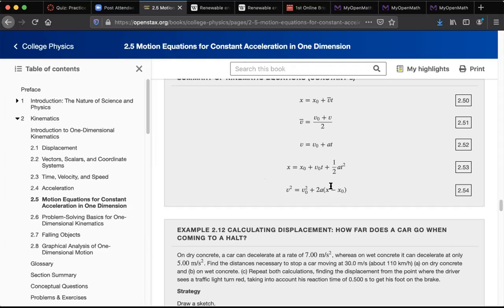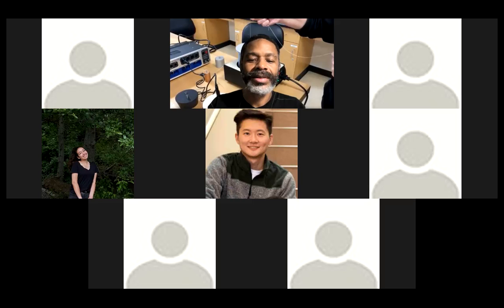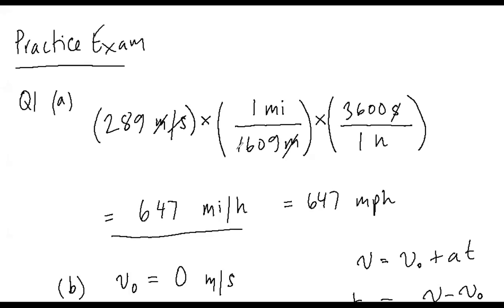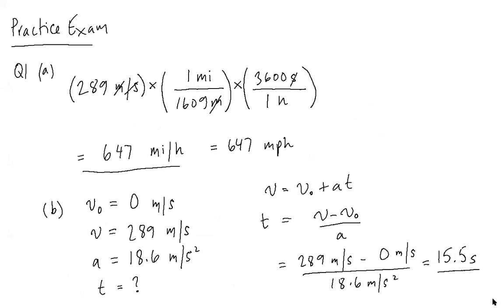So this is a pretty good equation for us to use, 2.54. So let's try that. So here I'm going to go over to the next page. We're still on Q1, but this is part C.